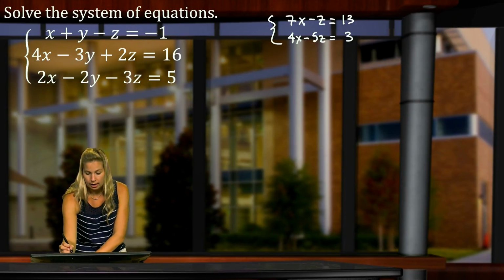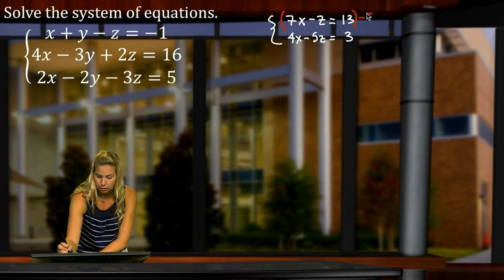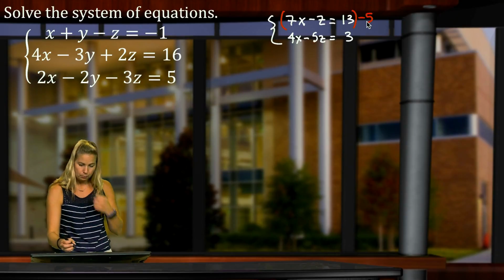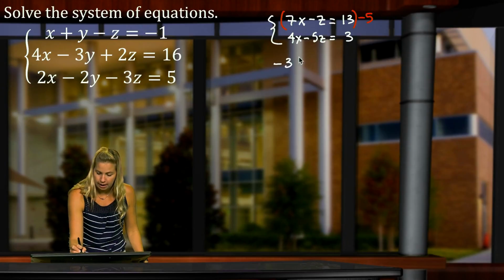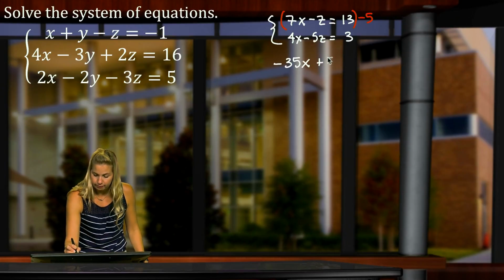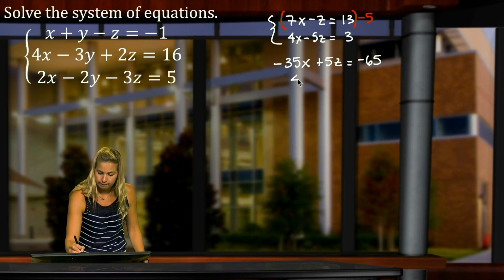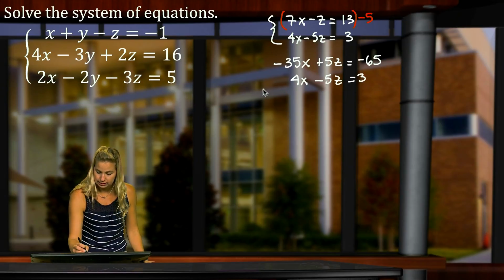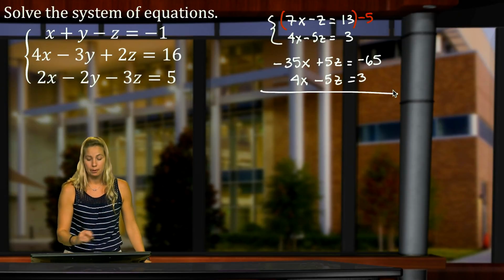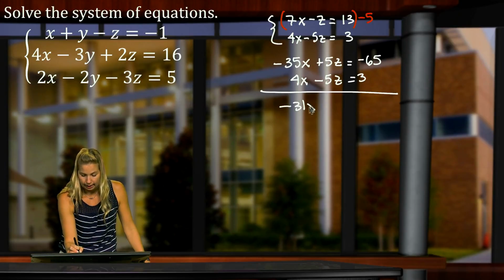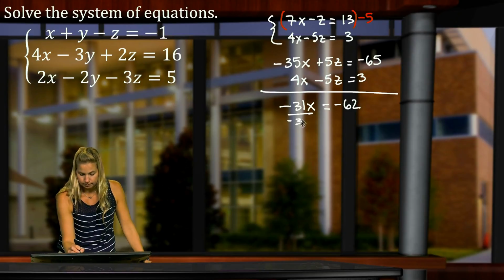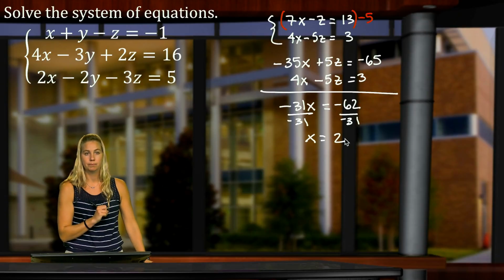In order to do that, I want to multiply this first equation by negative 5. When I do that, I get negative 35x plus 5z equals negative 65. 4x minus 5z equals 3. That equation stayed the same. When I combine these, we get negative 31x equals negative 62. X is equal to 2.